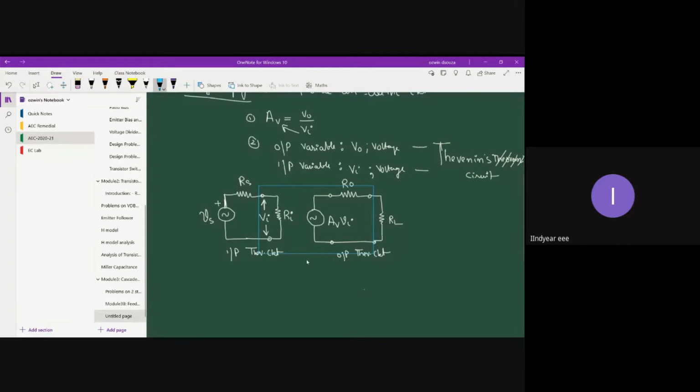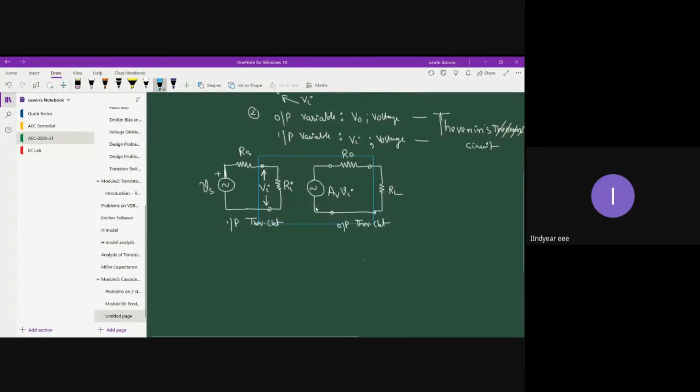So this is the voltage amplifier circuit. All right, now let us derive some important parameters of voltage amplifier circuit.